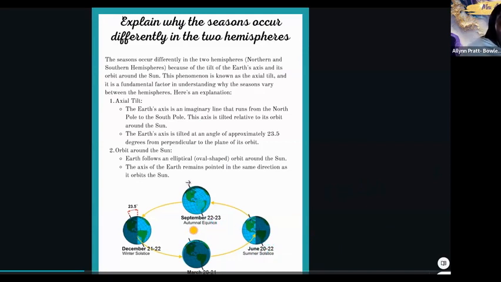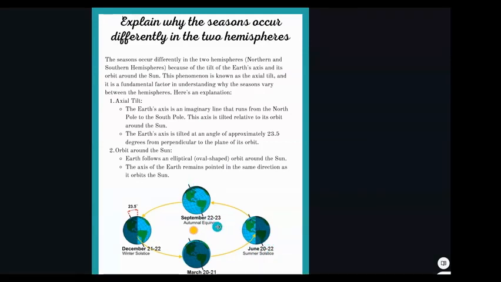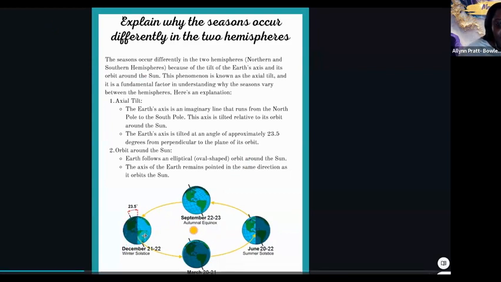When the earth is tilted around September 22nd to the 23rd, we have autumn. And because the earth is tilted at this particular angle, during December 21st and 22nd, we have the winter solstice. So December is the winter solstice, June summer solstice.